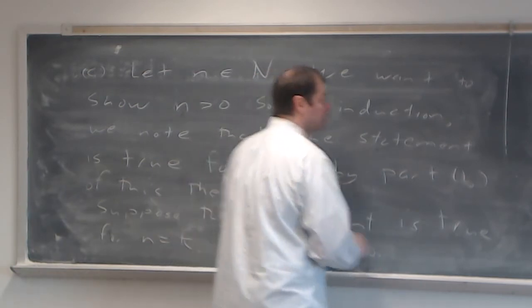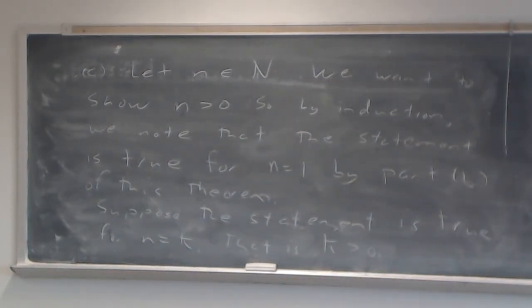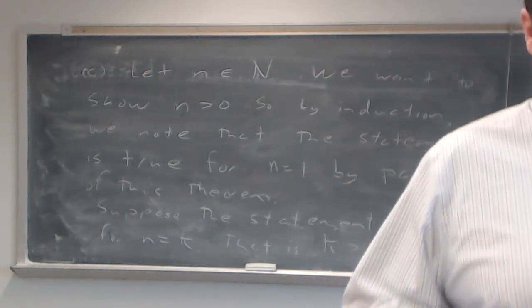What do we have to show? k plus 1 is also true. And so that when n is equal to k plus 1, the statement is true, also true. That means that we need to show that k plus 1 is, what's the statement for n equal to k plus 1? But it's positive. Yes, that's right. The way that we're writing it is greater than 0. That's right.